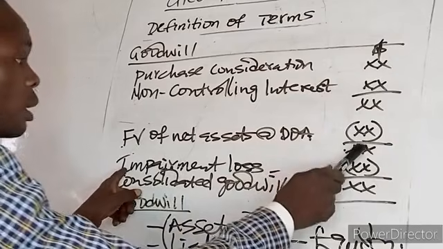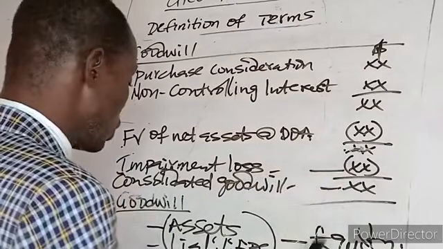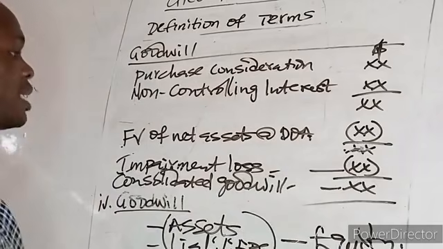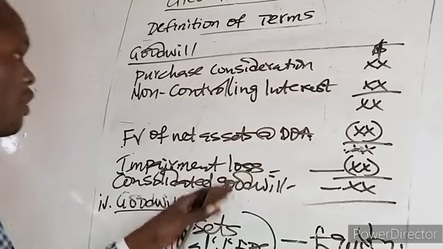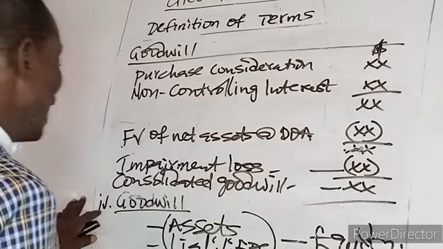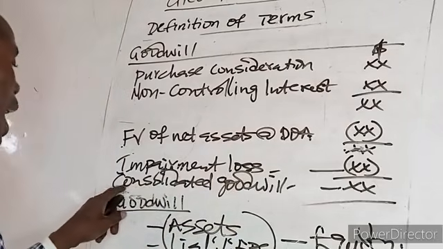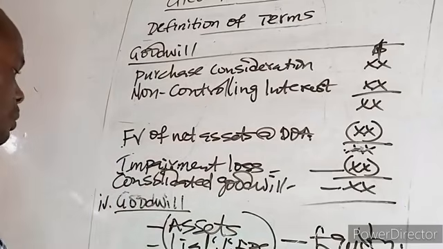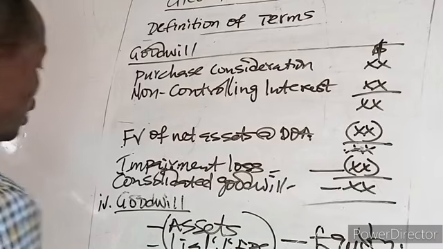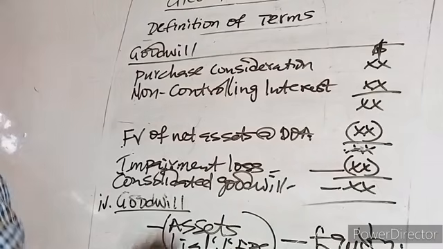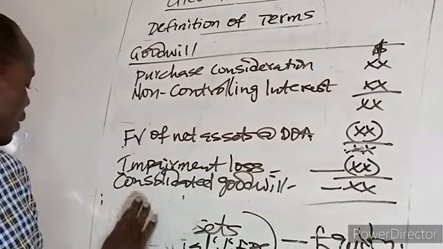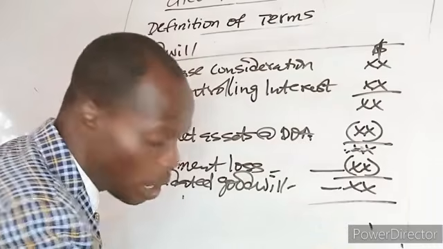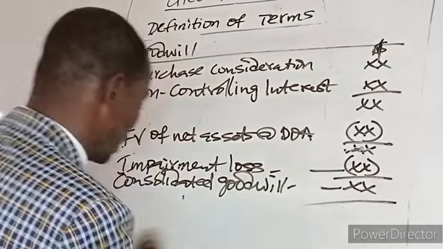But where there is no impairment loss, this is the amount we are going to record in the consolidated statement of financial position. So, the excess of purchase consideration over the fair value of the net identifiable assets acquired is goodwill. Now, that is number 4. Number 5 now, I'm going to consider non-controlling interest.